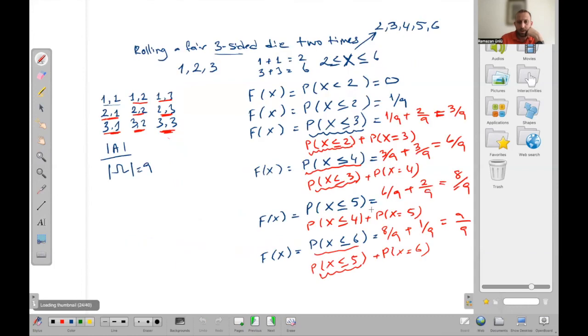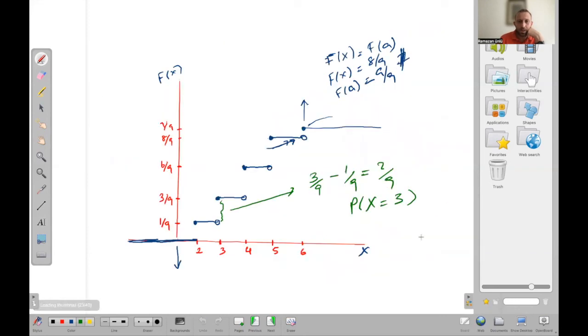Let's look at this one, this one, this one. These are the jumps. For example, let's look at this jump here. It jumps from 6 over 9 to 8 over 9. So this jump is actually the probability of x equal to 5.